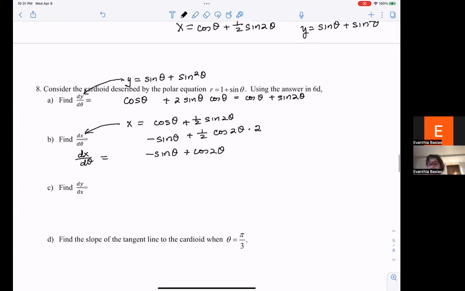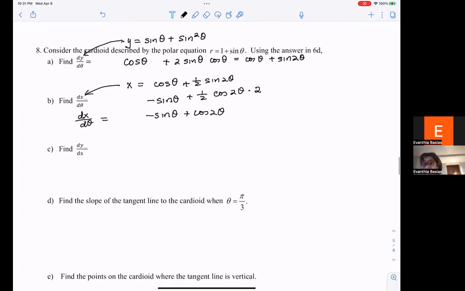So to get the slope on the rectangular coordinate plane, we use the parametric form of the derivative, but in terms of theta. And that would be dy d theta over dx d theta, which is equal to cosine theta plus sine 2 theta over negative sine theta plus cosine 2 theta.